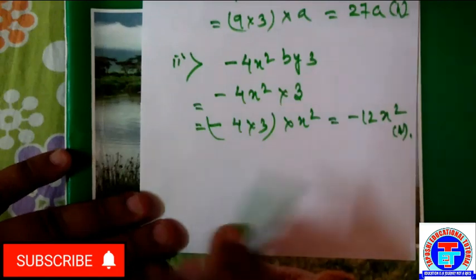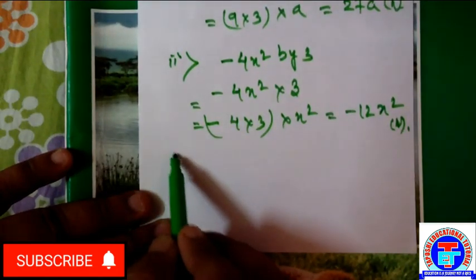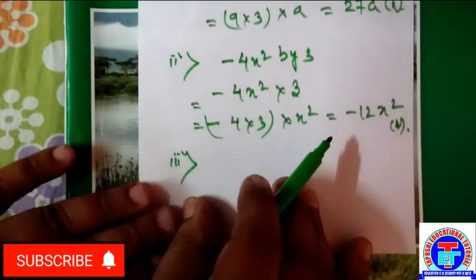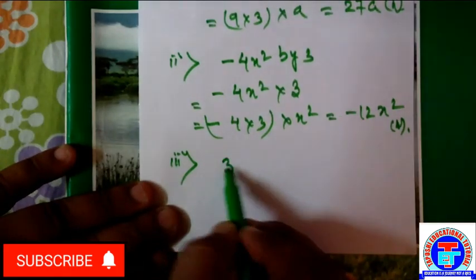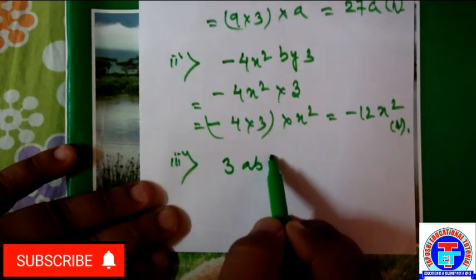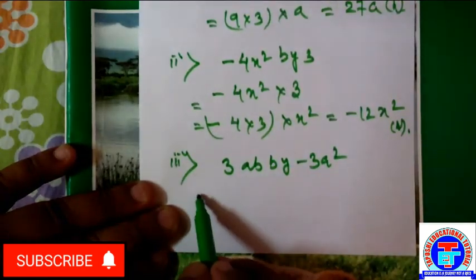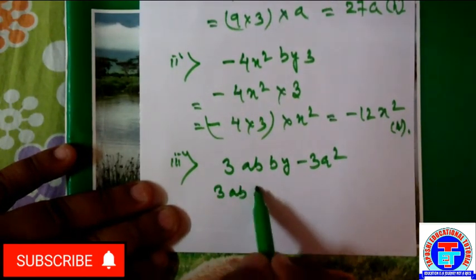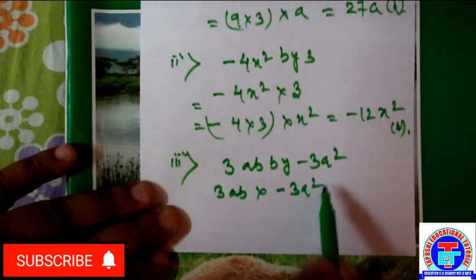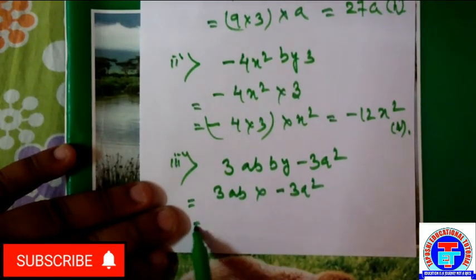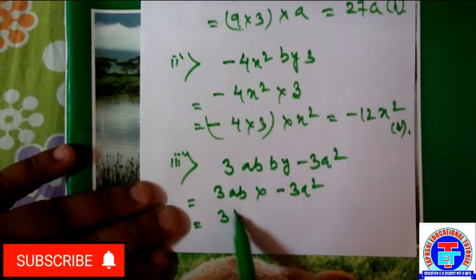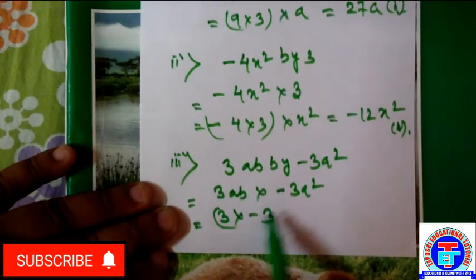Number 3 is here, suppose 3ab by minus 3a square. So we write here 3ab into minus 3a square. So we write first the multiplication of the coefficients, 3 into minus 3, right?